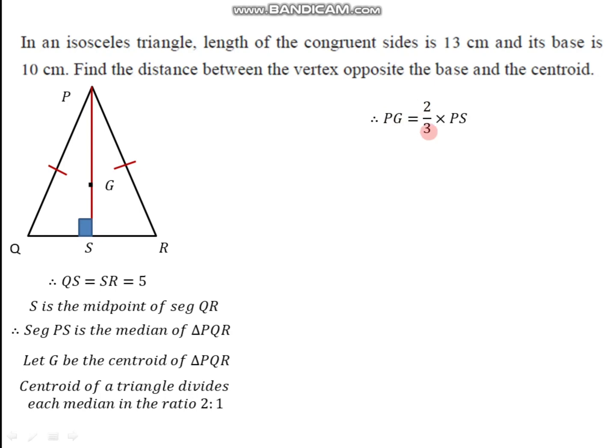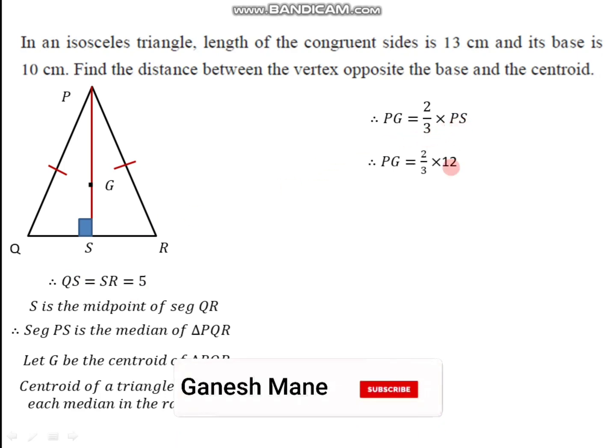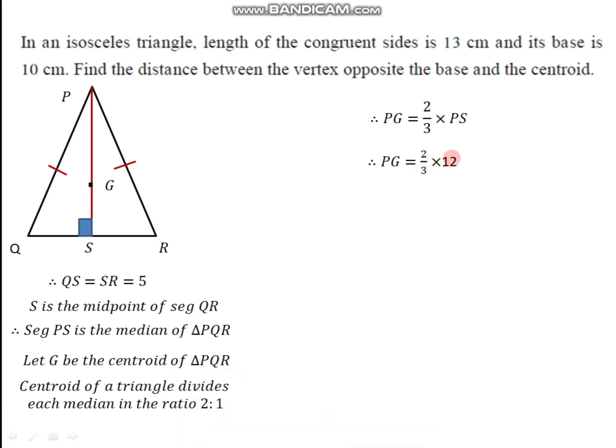So PG is equal to 2 by 3 into PS. Now we have found the length of segment PS earlier, that is 12. That's why we'll replace PS by 12. PG is equal to 2 by 3 into 12. If we divide 12 by 3, we get 4, and 4 into 2 is 8. We'll get the length of segment PG as 8 centimeter.